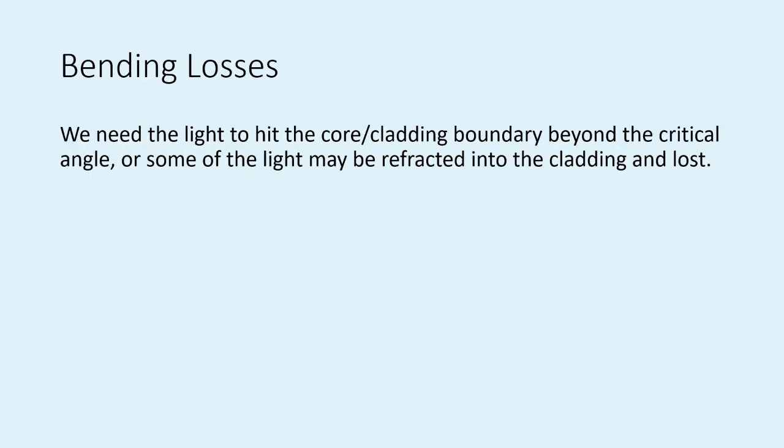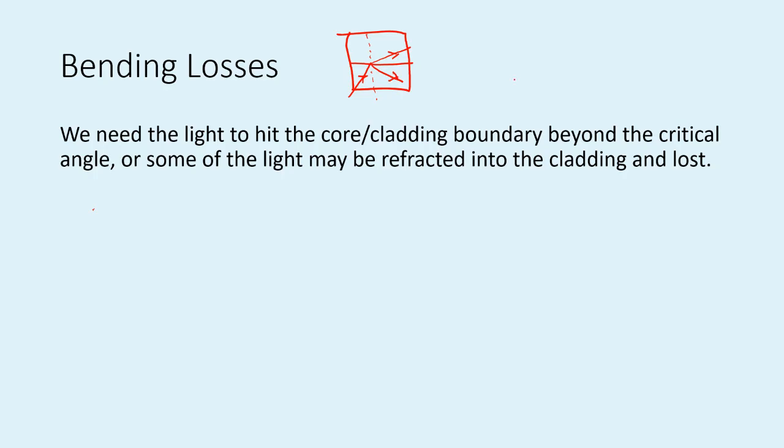Bending losses. We need the light to hit the core or cladding boundary beyond the critical angle. Otherwise, some of the light is getting refracted, as we remember seeing in diagrams previously. I'll put a picture on the slide in a second, where the light would come in and some of it would get refracted that way, going from more dense to less dense, and some of it will get reflected.